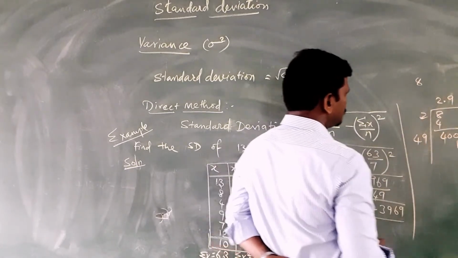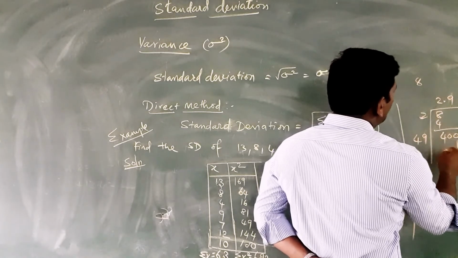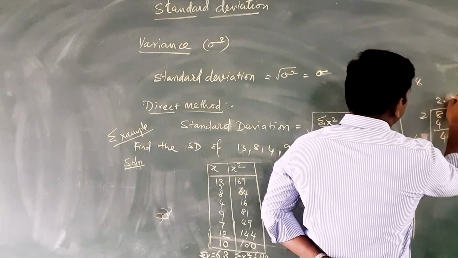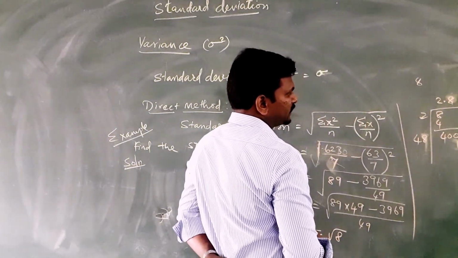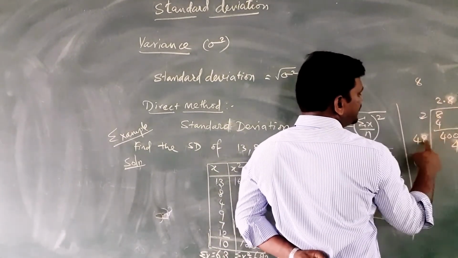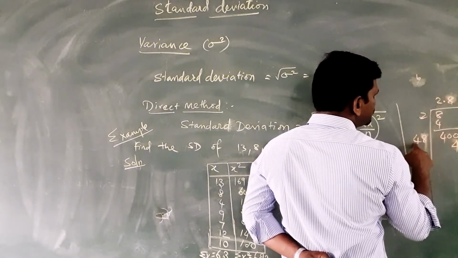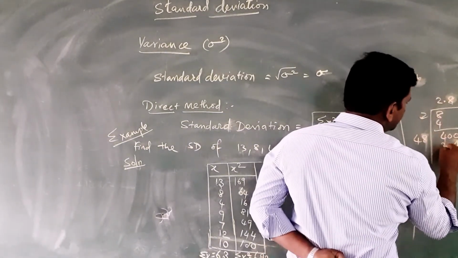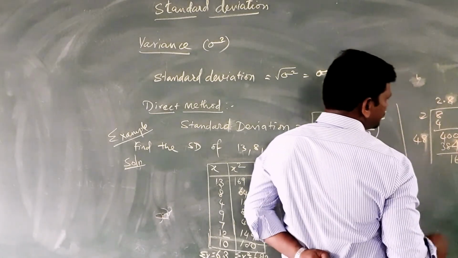9 4s are 36. 36 plus 8 is 44. So 8 will come. 8 8s are 64. Balance 6. 8 2s are 16, 8 4s are 32. 32 plus 6 is 38. Then we have to subtract 16.